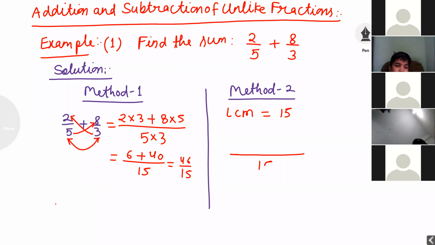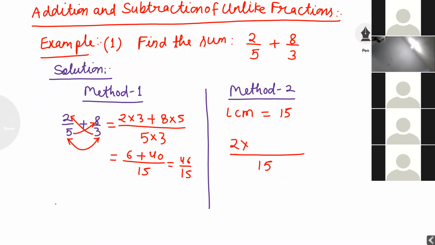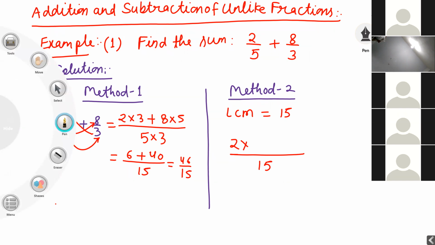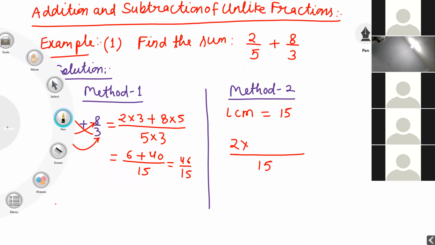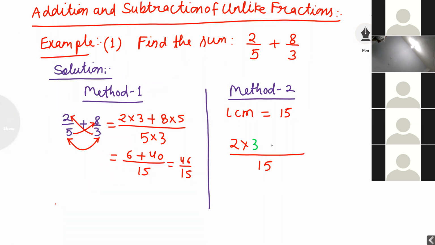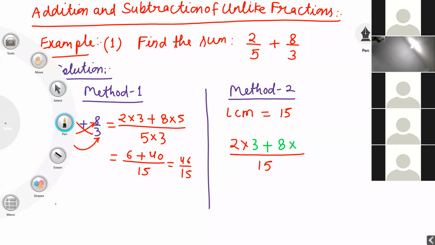Now 2 into 15 divided by 5, LCM divided by denominator. 15 divided by 5 is equal to 3, plus 8 into 15 divided by 3, which is equal to 5.